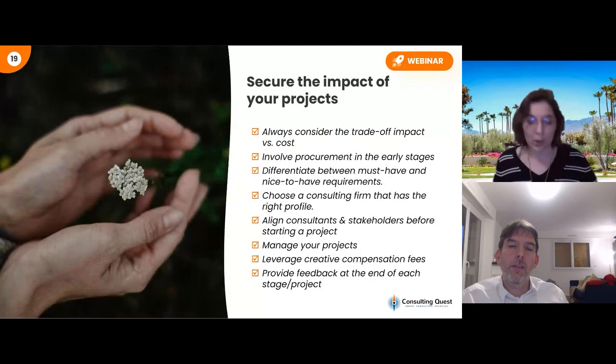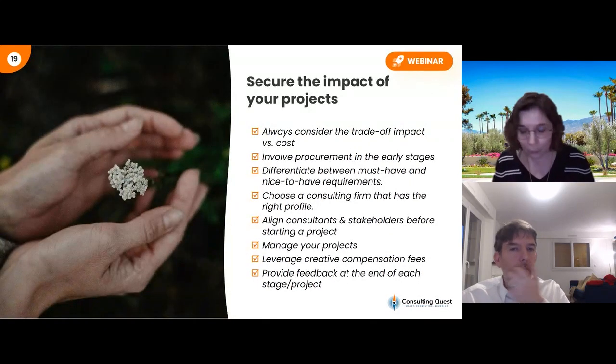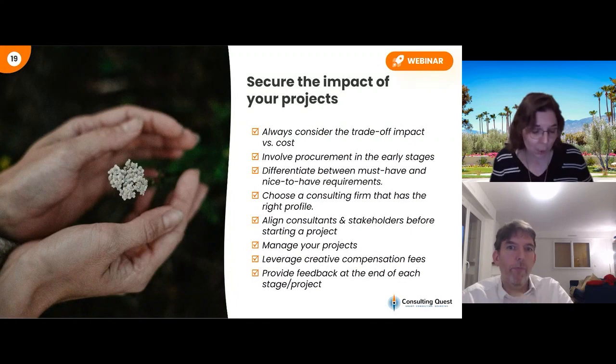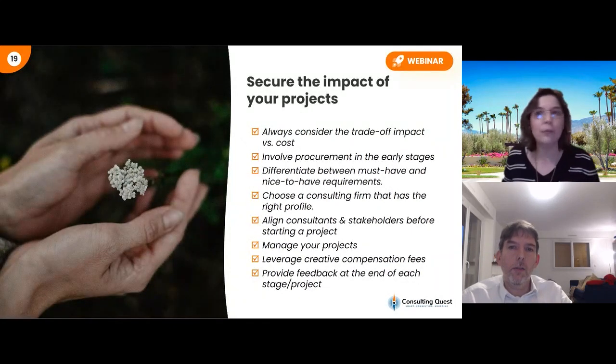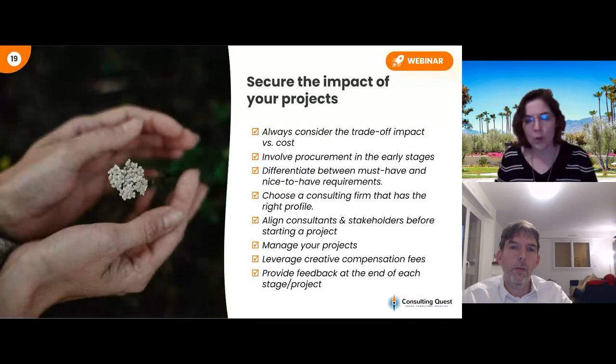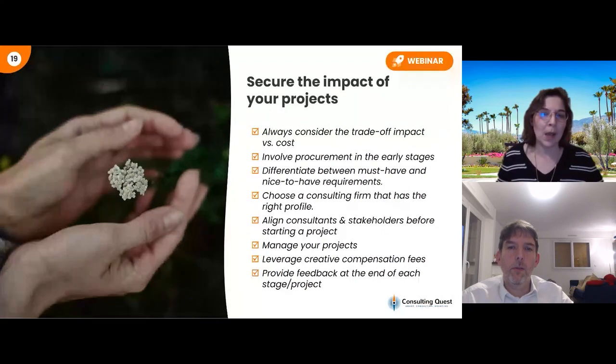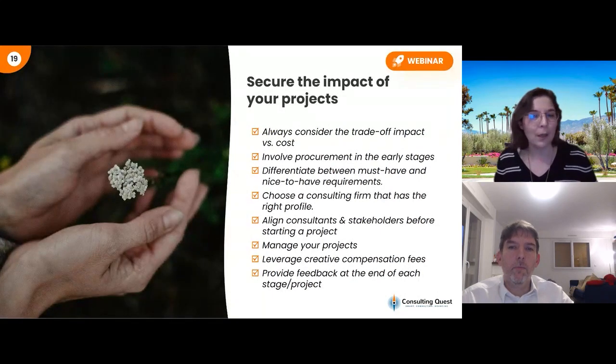Make sure that when you write an RFP or you write your requirements, whatever solution you work with, you focus on the must-have and you leave the nice-to-have on the side, unless you have unlimited budget. I'm not sure that many of us are in this situation right now, but this is where having someone who is used to writing RFPs and asking those questions candidly, do you really need this?